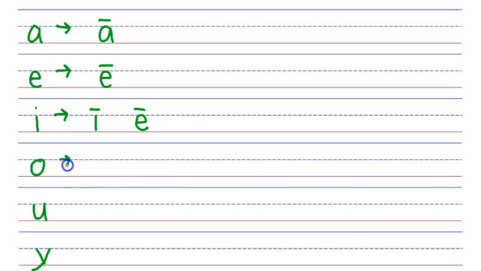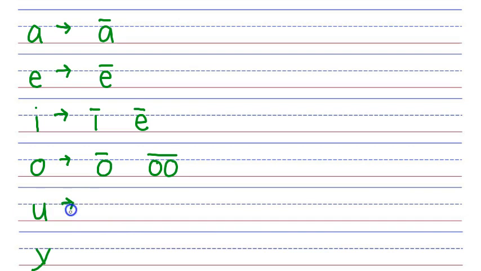The letter O also makes two long vowel sounds. It makes four sounds in total, ah, o, oo, and more. Two of those are long vowel sounds. You've got the long O, where O says its name, O, and you've got the long double O, where O says oo.